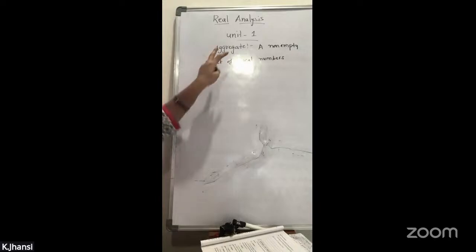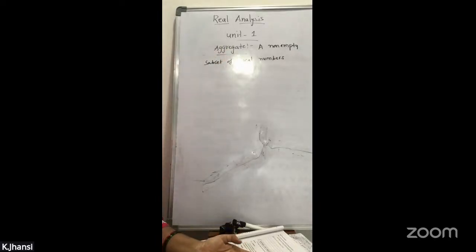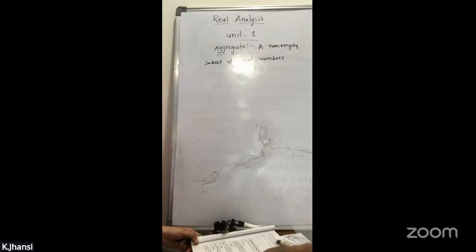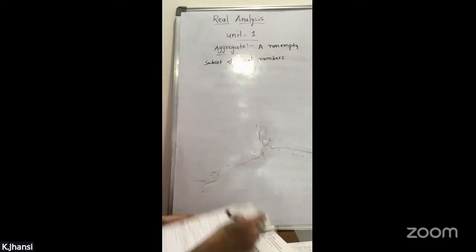We call it an aggregate of real numbers, or simply an aggregate. Next, we have the concept of upper bound and lower bound of a set.